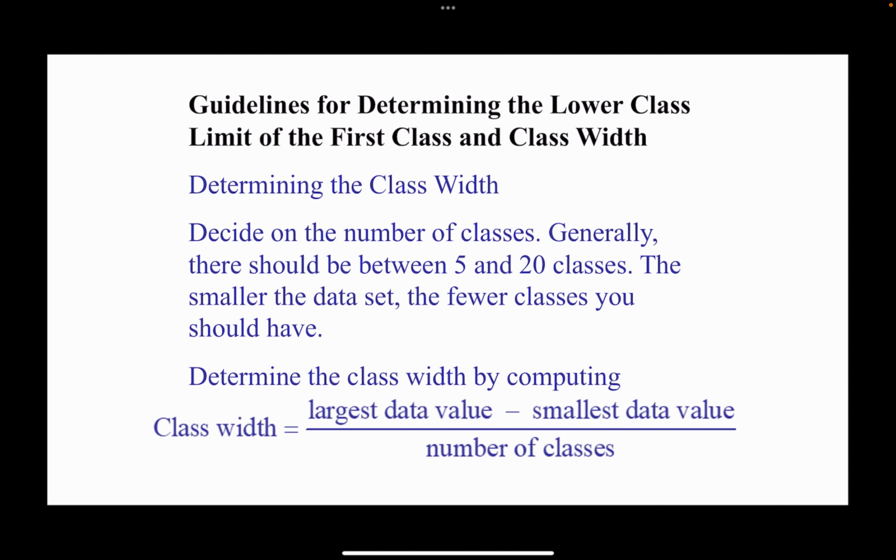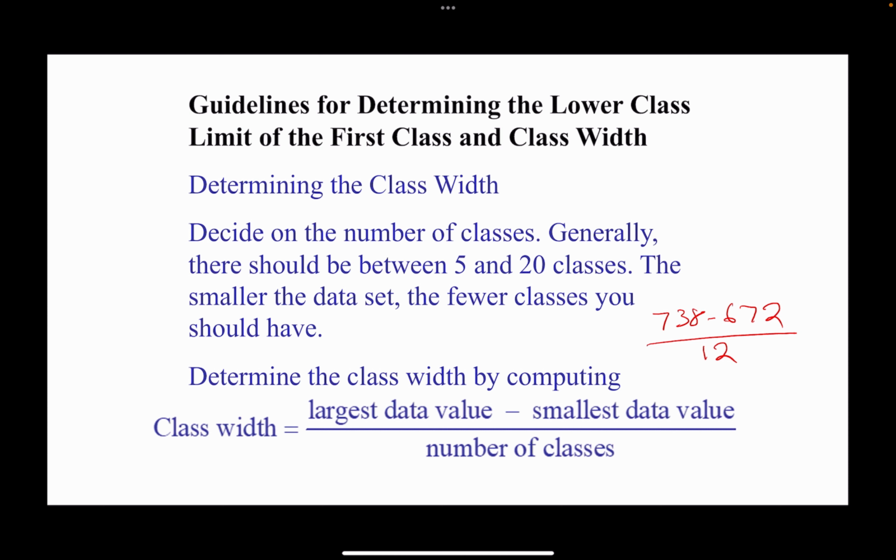I mean, I could do that here. Say my smallest number is 672. My largest is 738, so I do 738 minus 672. And then say, let's say I want, for some reason, 12 classes. Let me get my handy dandy calculator out here. That's 738 minus 672.